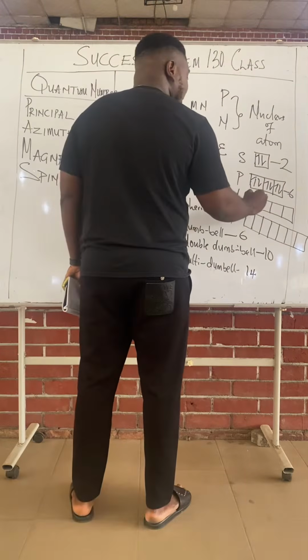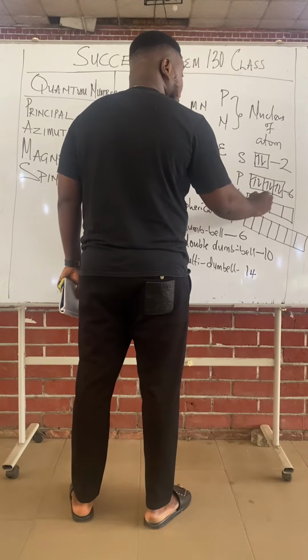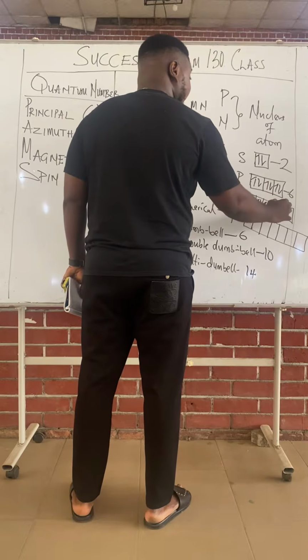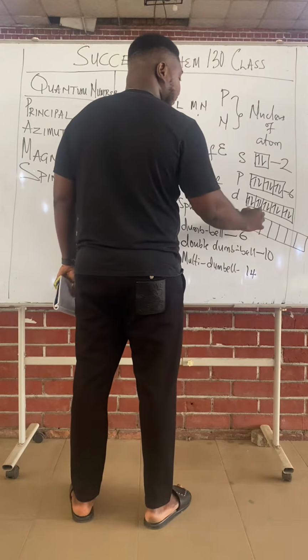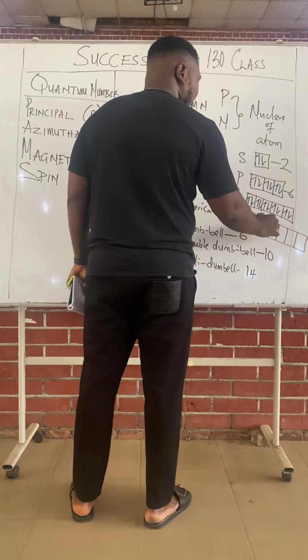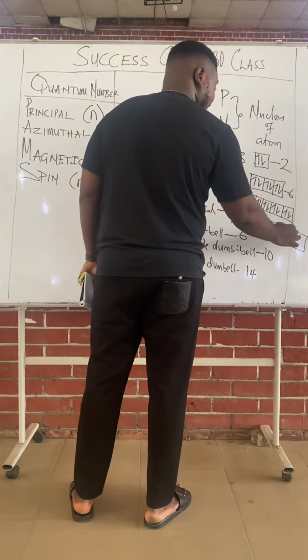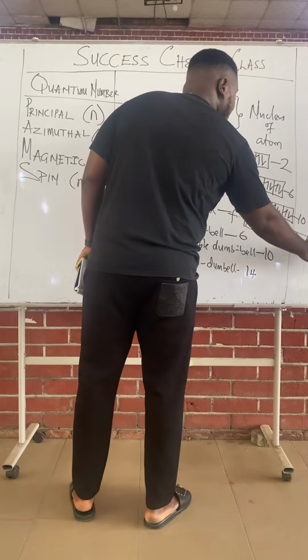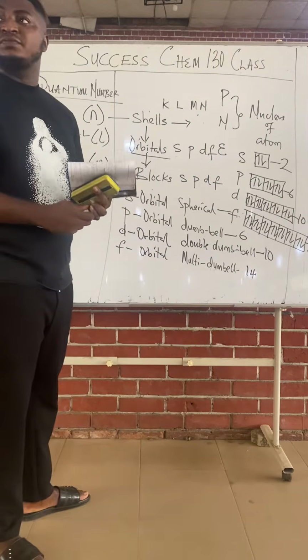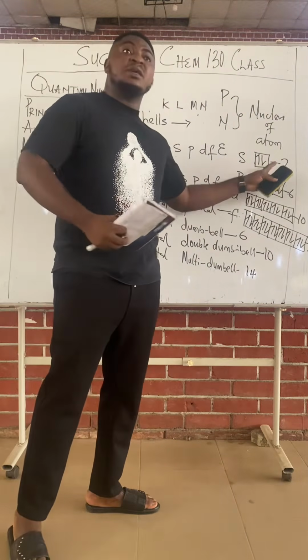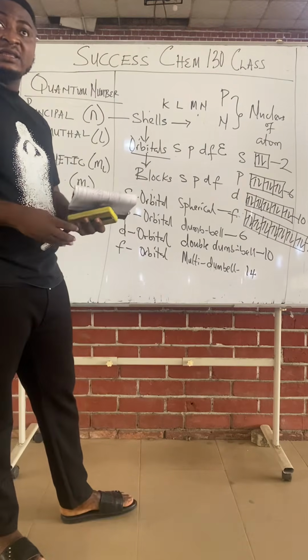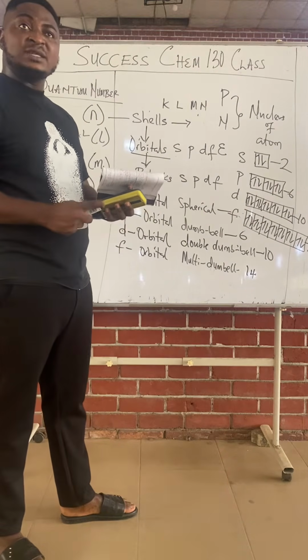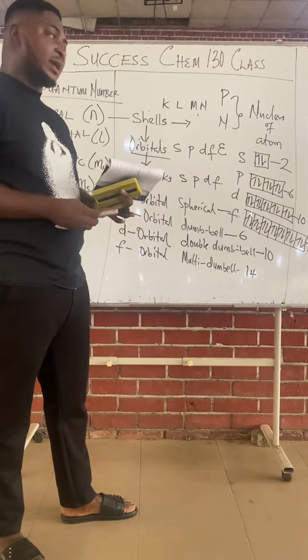The D has 5 blocks, so 5 times 2, 10. F has 7 blocks, 7 times 2, 14. So this is how we explain the maximum number of electrons each block can take.